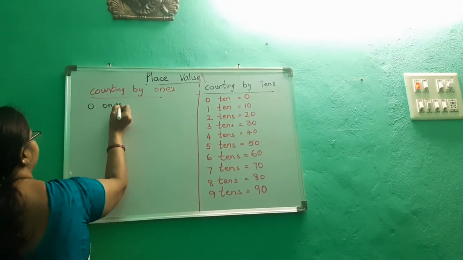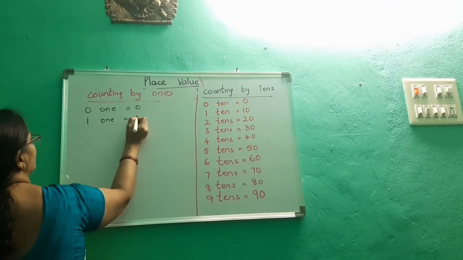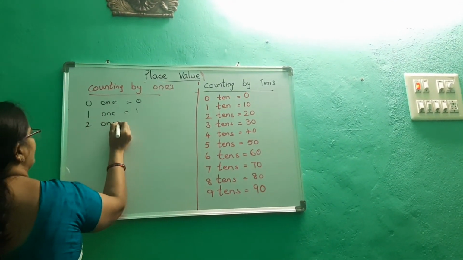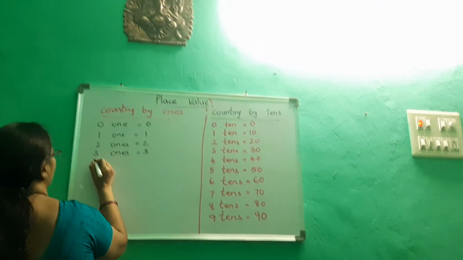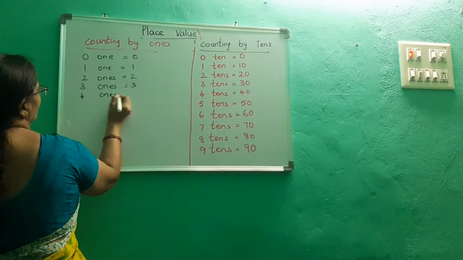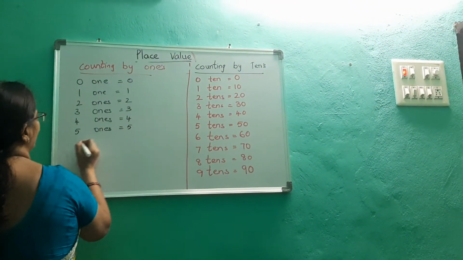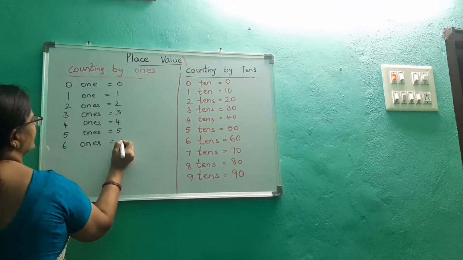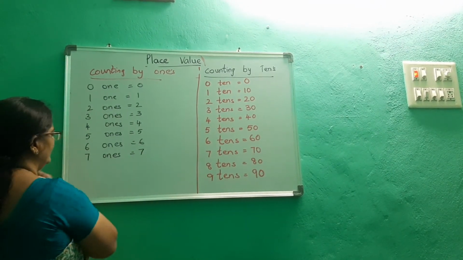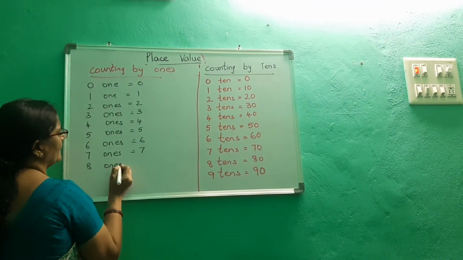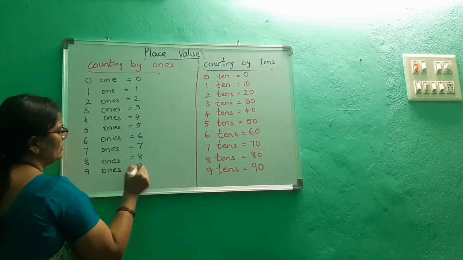0 ones is equals to 0, 1 one is equals to 1, 2 ones is equals to 2, 3 ones is equals to 3, 4 ones is equals to 4, 5 ones is equals to 5, 6 ones is equals to 6, 7 ones is equals to 7, 8 ones is equals to 8, 9 ones is equals to 9.